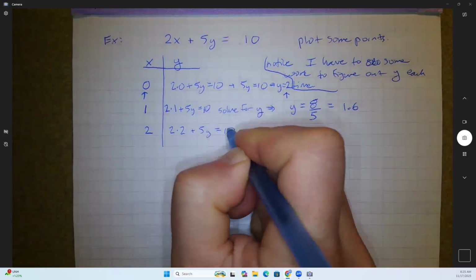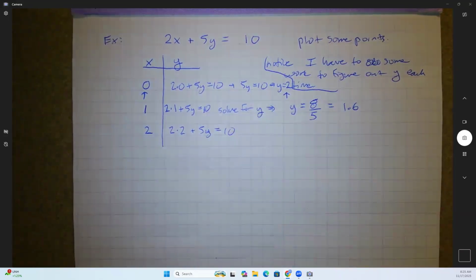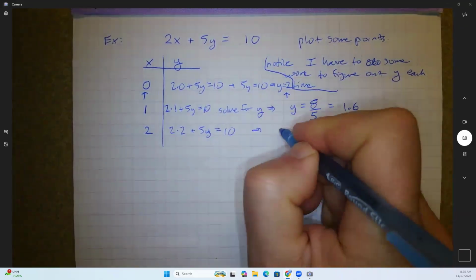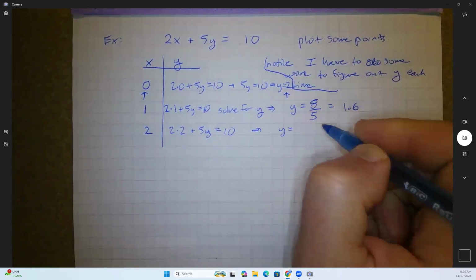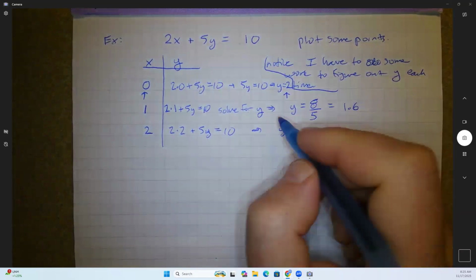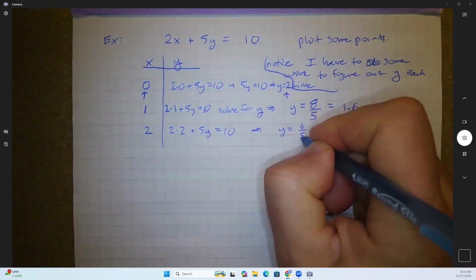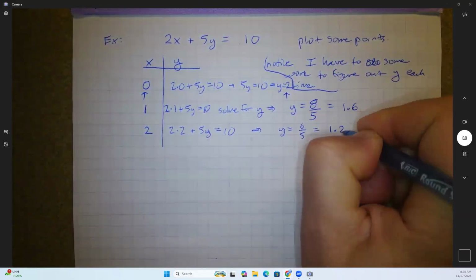Aha. I was making mistakes in my brain, but once I wrote it down, it made sense. I'm going to get y equals, let's see, 10 minus 4, so 6 over 5, which is 1.2.